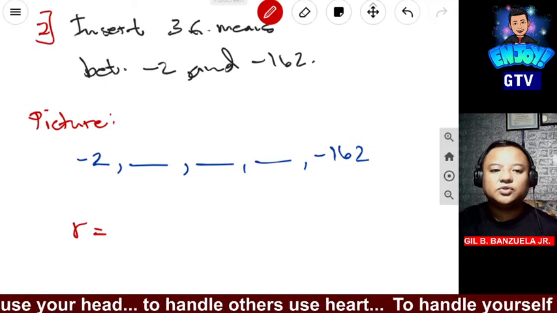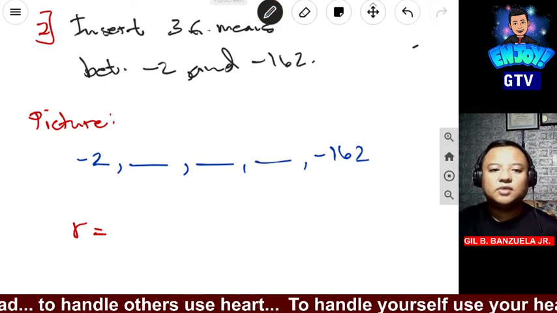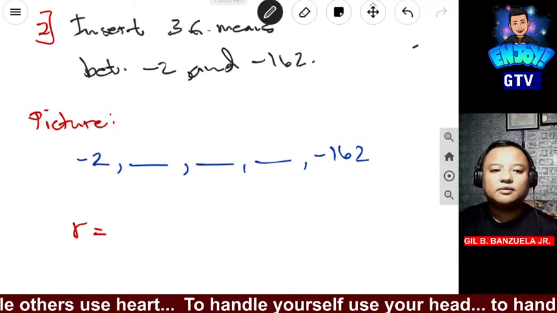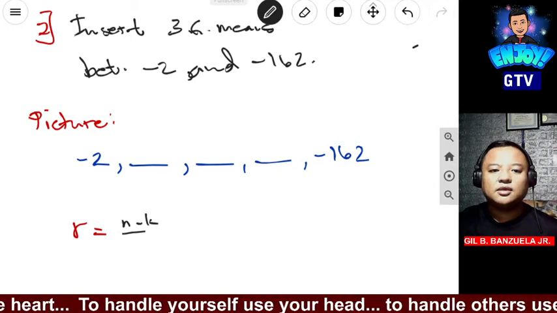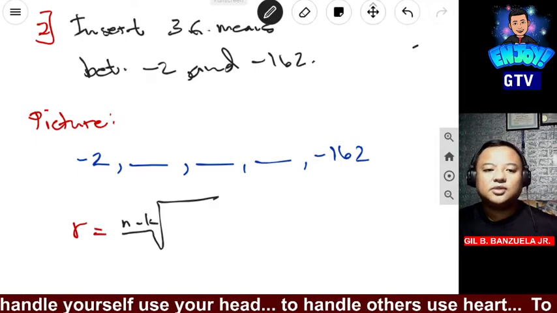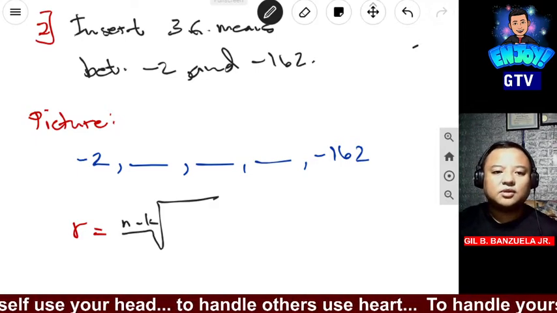Alright? So to solve for our common ratio, guys, we need to get the difference between our n, then subtract that to your k. Alright, so that would be the index of the radical symbol, guys.